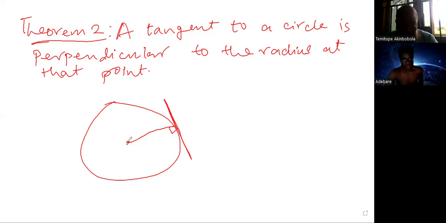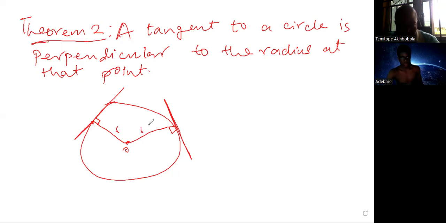Yes, sir. Similarly, if you have another radius here, then you can also have another tangent here. So this tangent and this radius are also perpendicular. I believe you know what perpendicularity means.